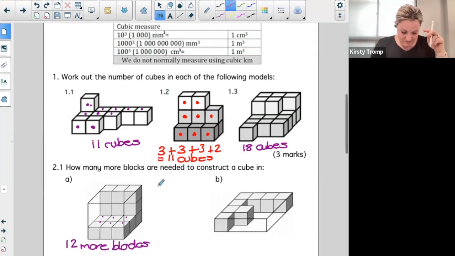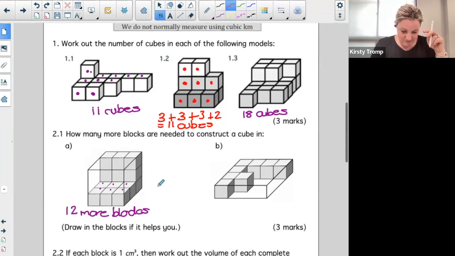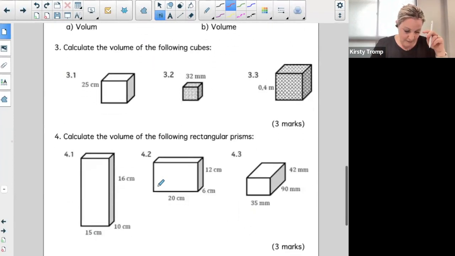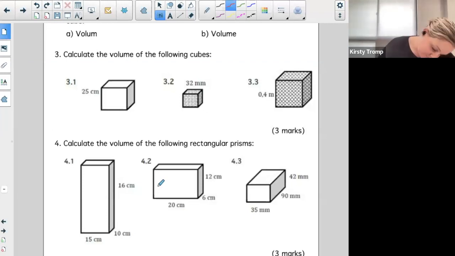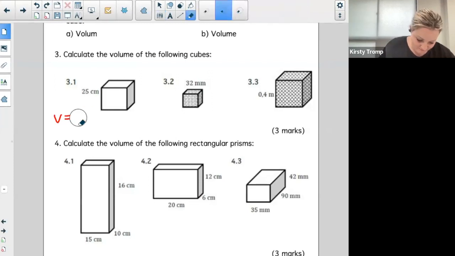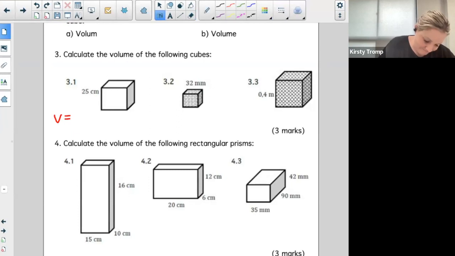Ma'am, for number 3.1, when you said volume equals S cubed, ma'am, another way I usually calculate volume at school, ma'am, is we say length times breadth times height.